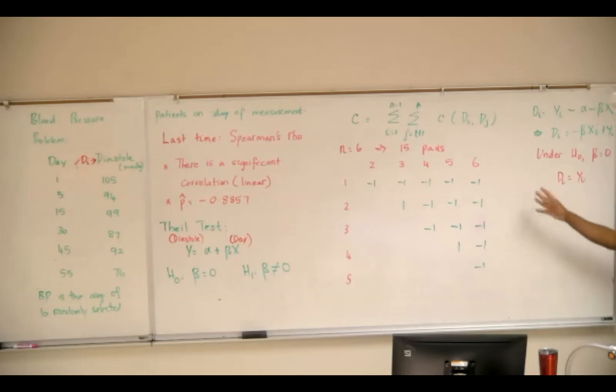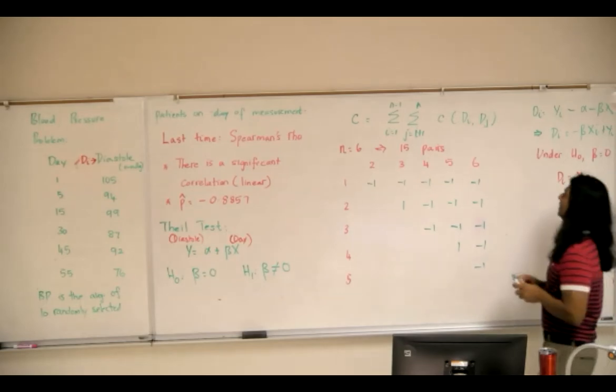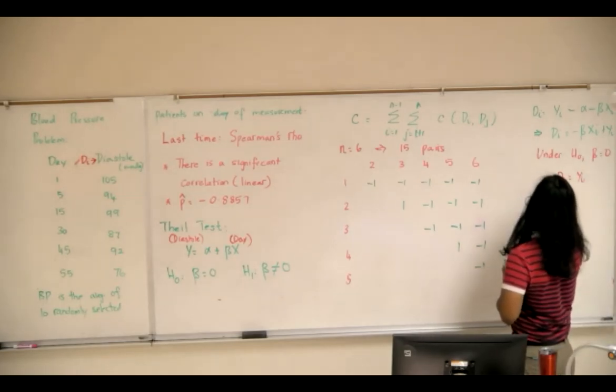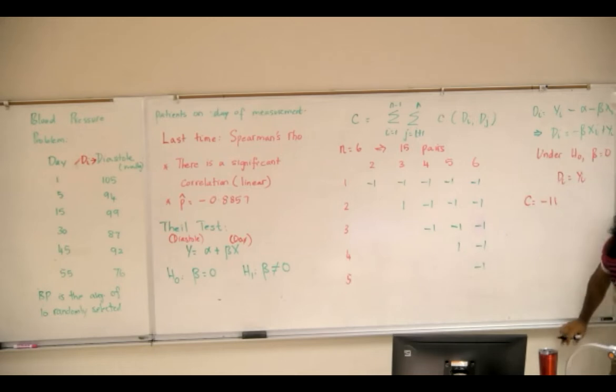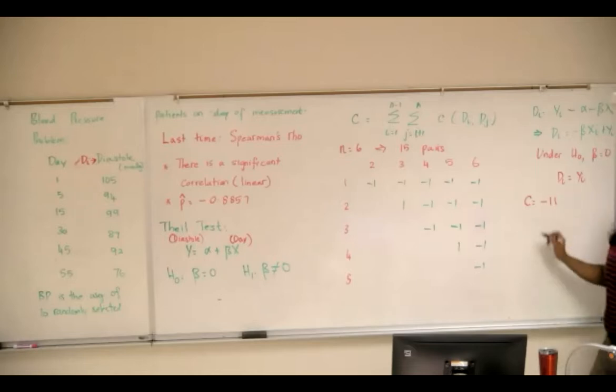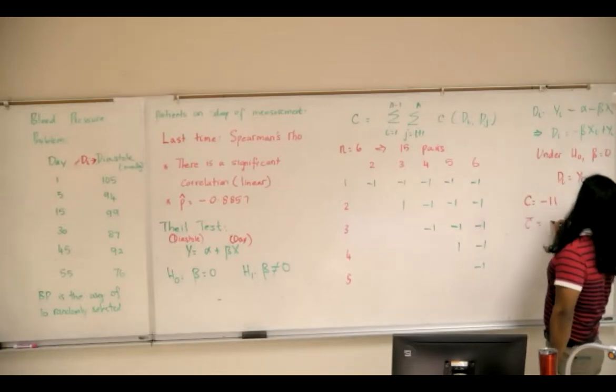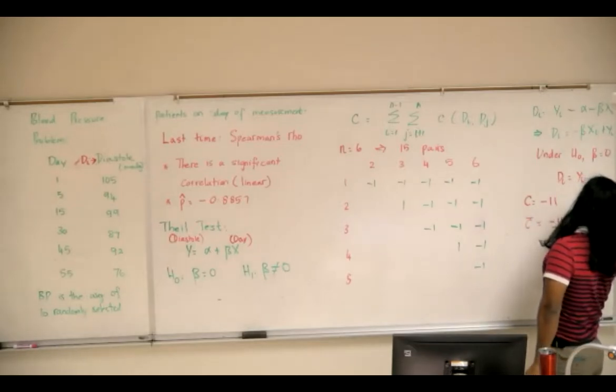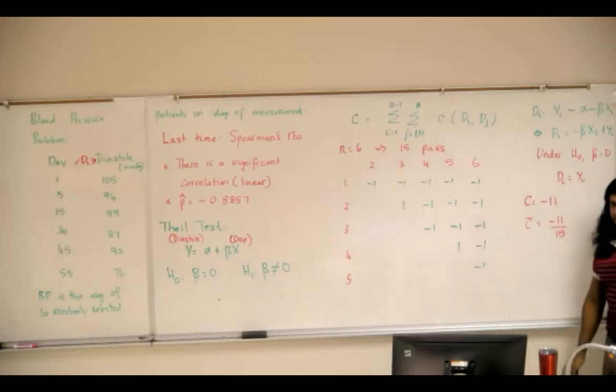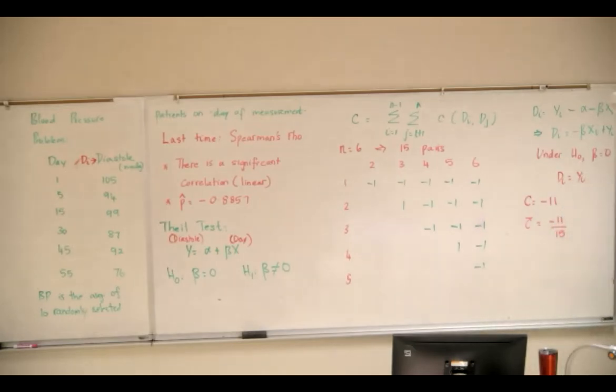If you add them all together, you will get C to be negative 11. C bar would be negative 11 over the total number of pairs, which is 15. What do we get? Negative 0.733.